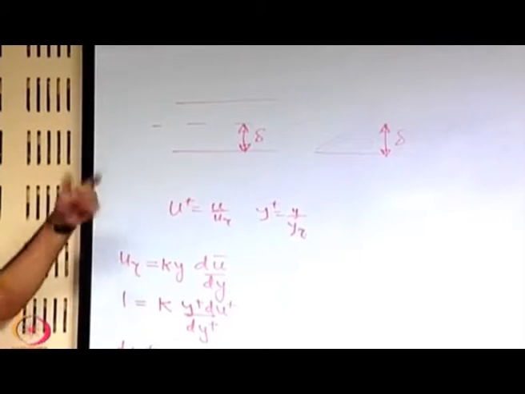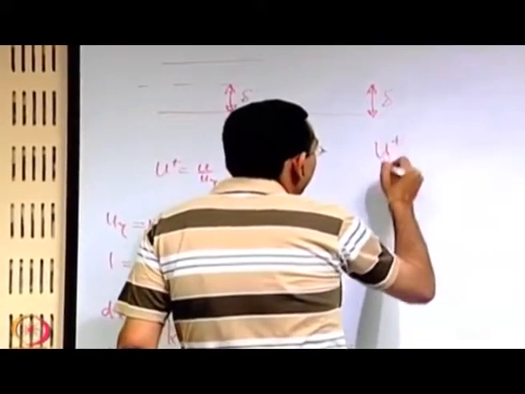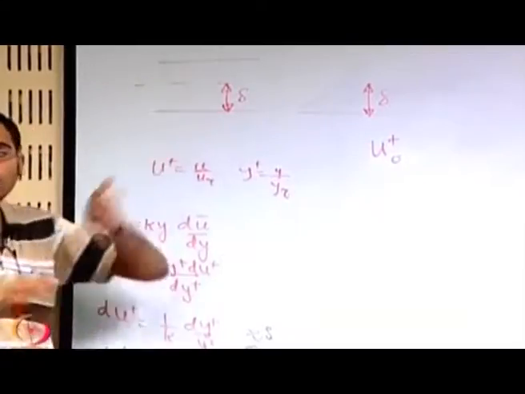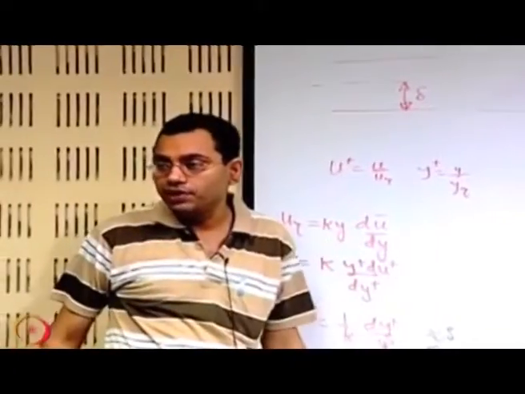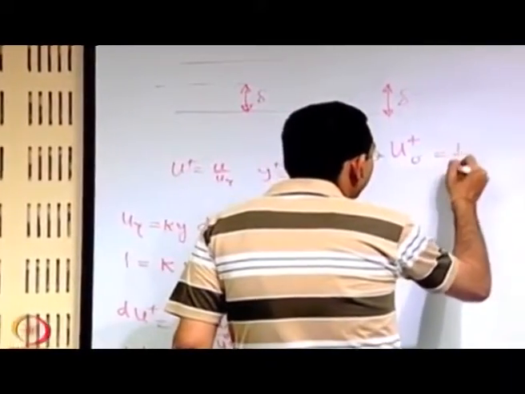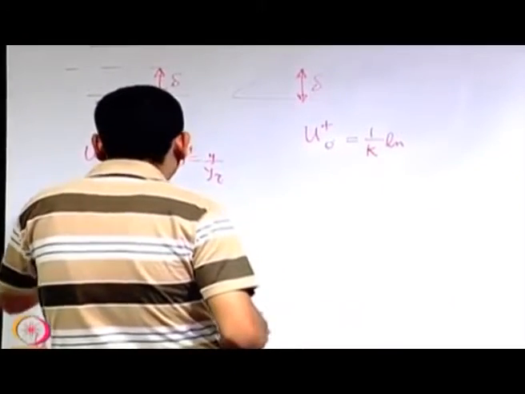Now, when you go to that length, let us write this u plus. So, u plus 0 is the u plus at that length where the outer behavior comes into the picture, and that will become 1 by k ln y plus, where y plus is y by y tau.